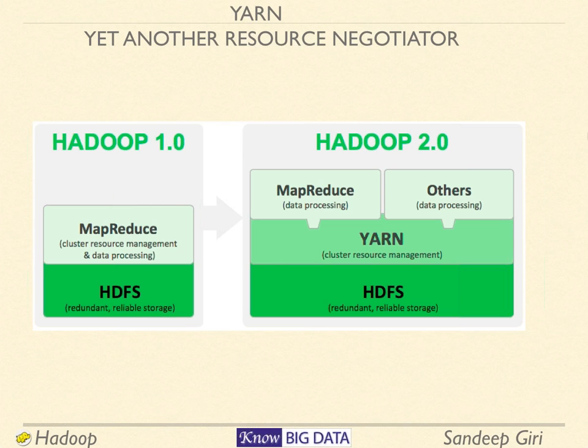Now, most of it was generic, in the sense that loading the code on each machine, keeping a queue, all of it was very generic and could be used in other paradigms also. That is why MapReduce was split into two. One became Yarn, and MapReduce, as of now, is just one small part which uses Yarn.